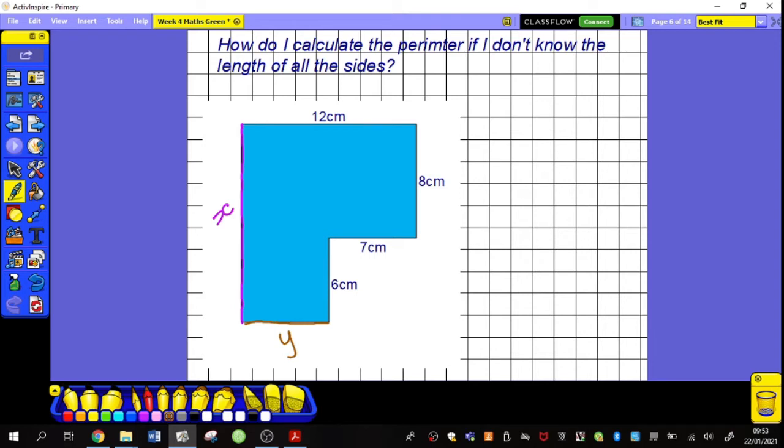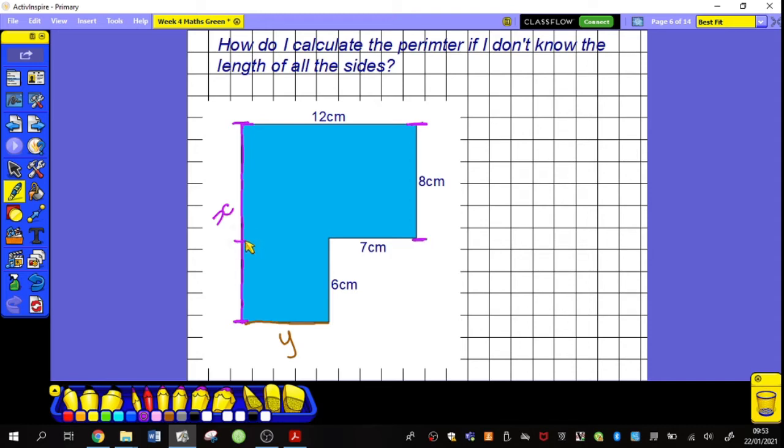Okay, so let's have a look at calculating the length X, the pink length. Now this distance from here all the way down to here must be the same on the other side of the shape. So if I go from the top, the same starting place, and I can get down to here, I know that's 8 centimetres. So that gets me to about there, doesn't it?